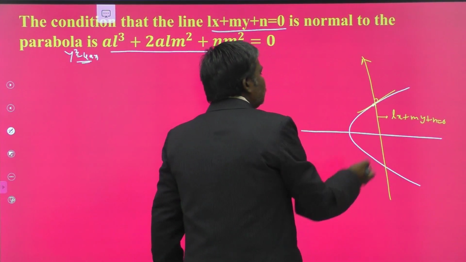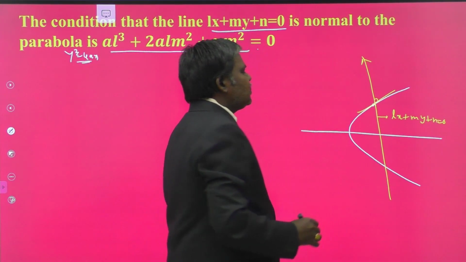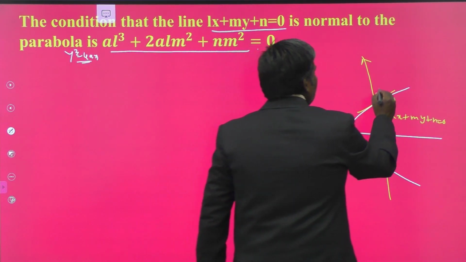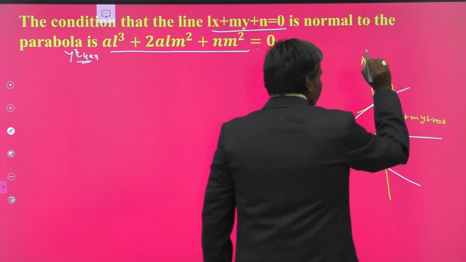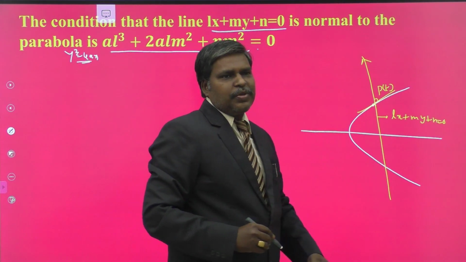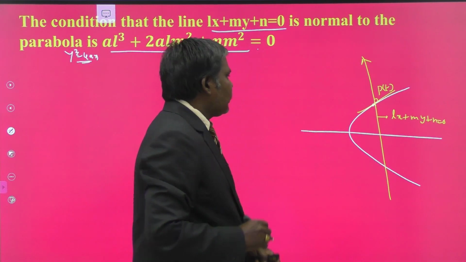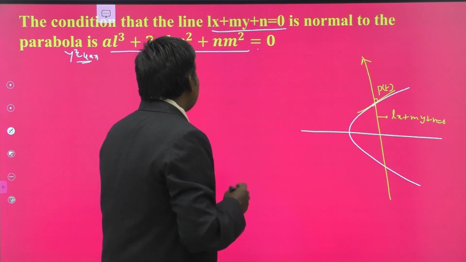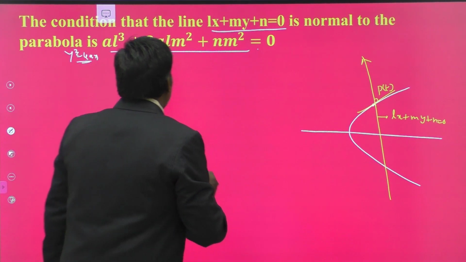My dears, suppose the given line Lx + My + N = 0 is normal at P(t) to the parabola. Yes, it is the normal, but at some point, that is P(t) on the parabola. But what is the equation of the normal at P(t) to the parabola? tx + y = at³ + 2at.